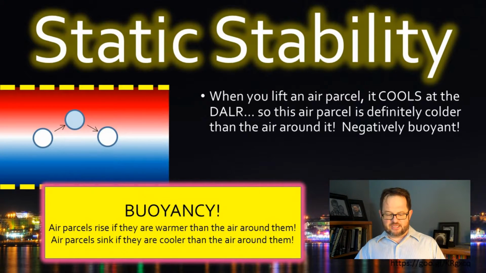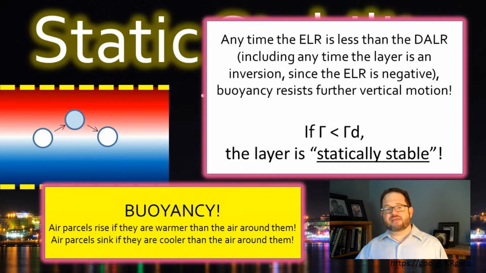Oh, that's pretty slick. And that's going to happen anytime that environmental lapse rate turns out to be less than the dry adiabatic lapse rate, including anytime when we have a temperature inversion, because when you have a temperature inversion, the environmental lapse rate is actually negative. So, like in this situation I have here, the environmental lapse rate would be a negative number. Well, negative numbers are always less than the dry adiabatic lapse rate, which is 10.